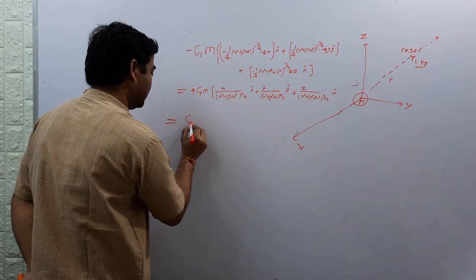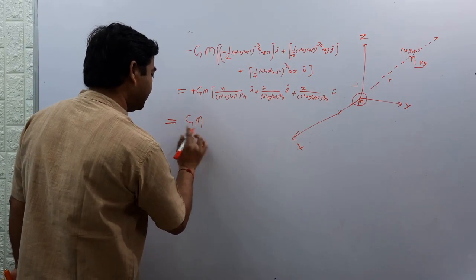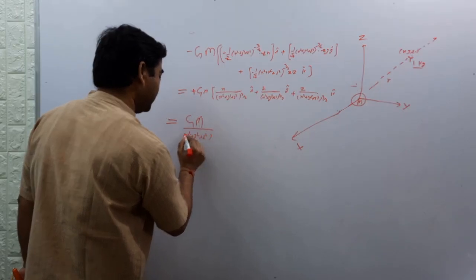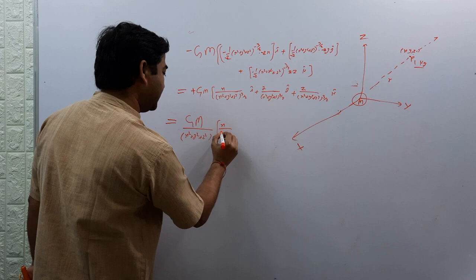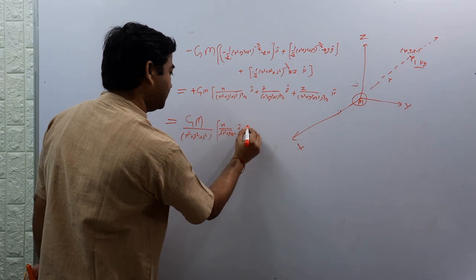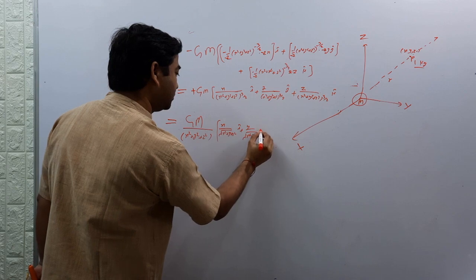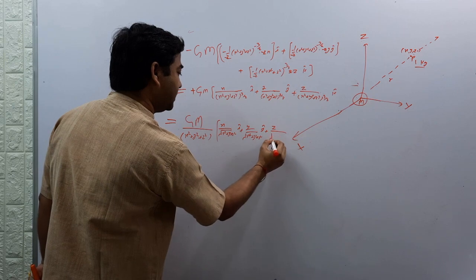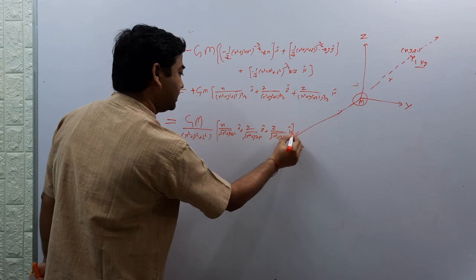This can be written as GM by x square plus y square plus z square, times x by under root x square plus y square plus z square i, plus y by under root x square plus y square plus z square j, plus z by under root x square plus y square plus z square k.